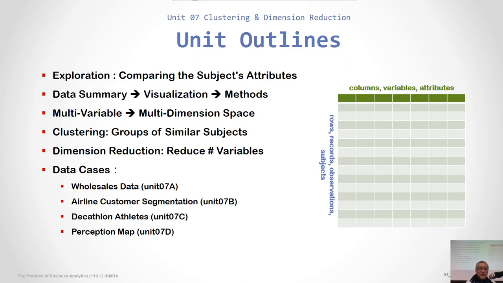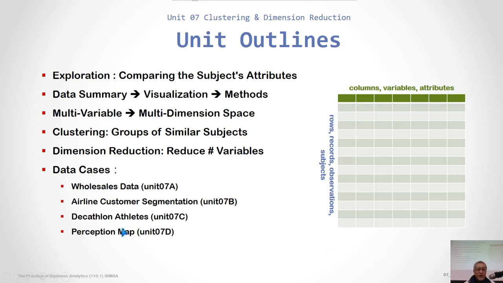Multivariate means that it takes care of a lot of variables at a time, right? And analytic method means that they are algorithms, right? It's not simply just processing the data and doing visualization. They are algorithms to help us dig into the data and get more insight from the data, okay? That's what we are going to do today, okay?